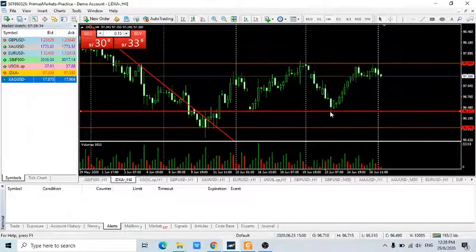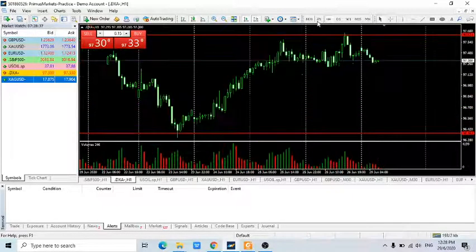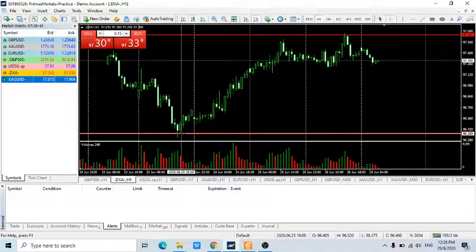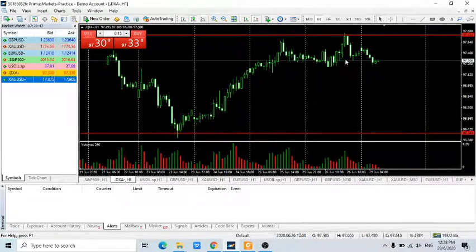So ever since having some consolidation on the 23rd of June, the US dollar has been bullish for 1 day, 2 days, and has been consolidating on the Friday.